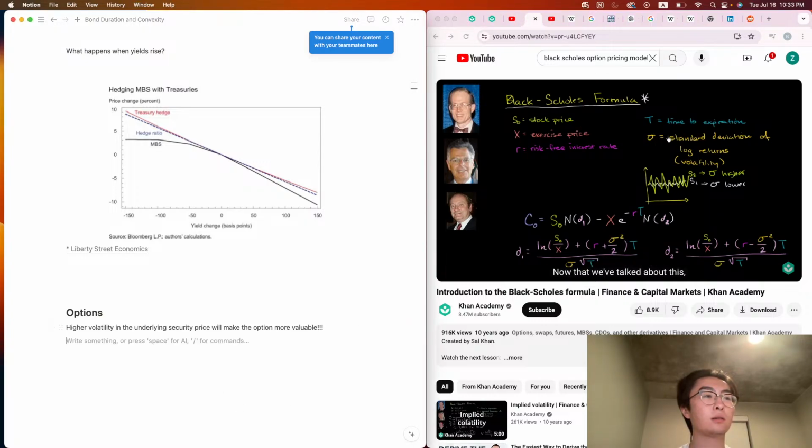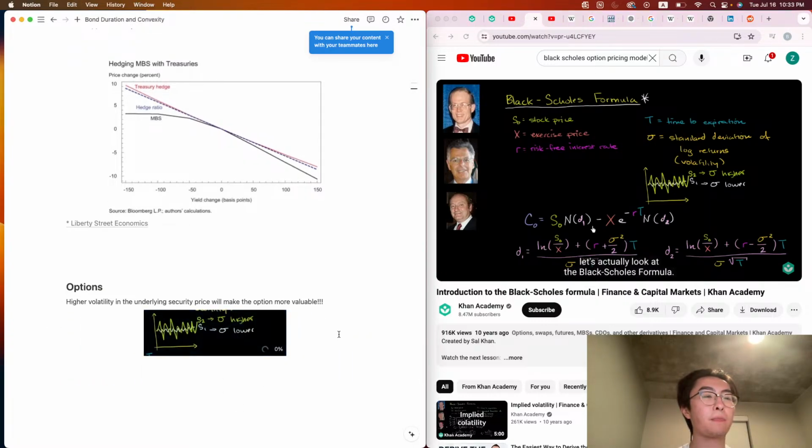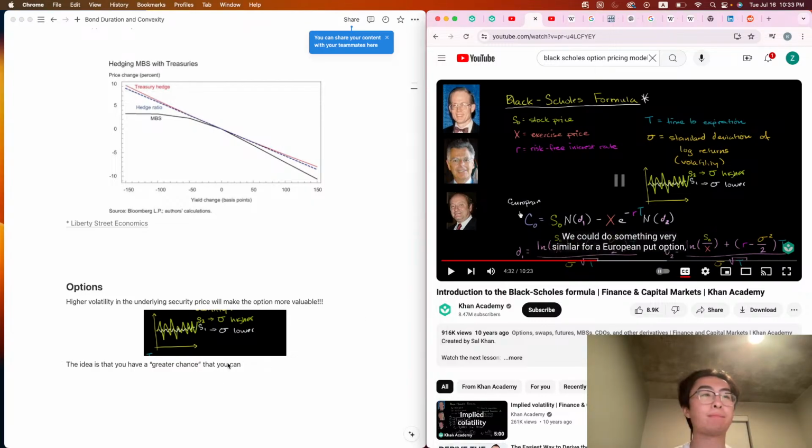And so now that we've talked about this, let's actually look at the Black-Scholes formula. And the variety that I have right over here, this is for a European call option. We could do something very similar for a European put option.